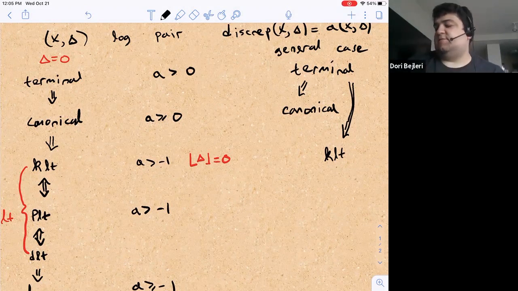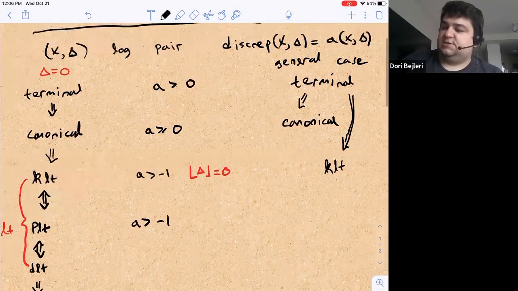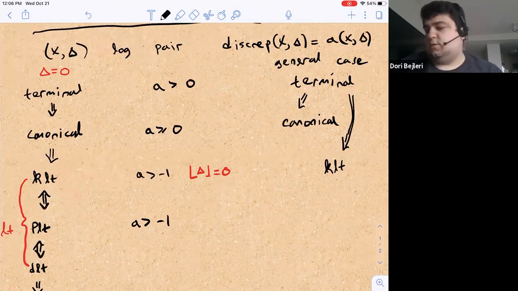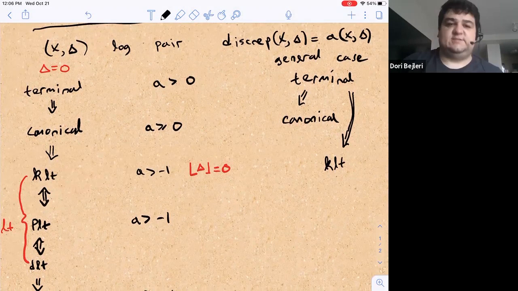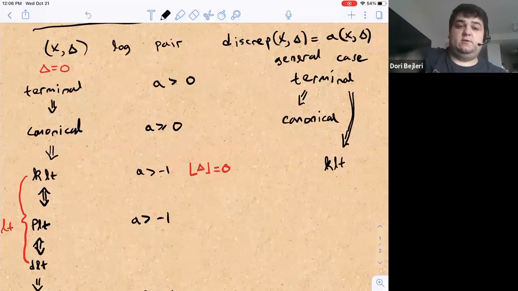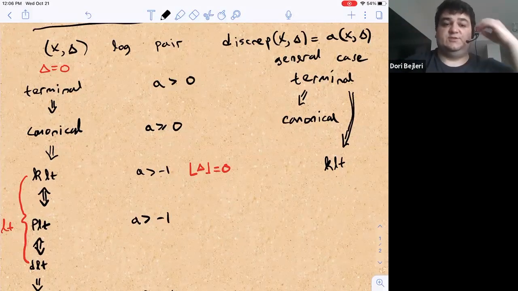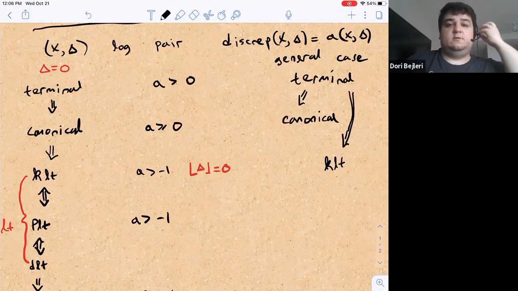So another way to think of it is that for the KLT condition, you really want to look at not just the discrepancy, but the total discrepancy, i.e., when you look at all divisors and not just exceptional divisors. So you can rephrase this KLT condition as saying the total discrepancy is greater than -1, and that exactly tells you the coefficients have to be smaller than 1.